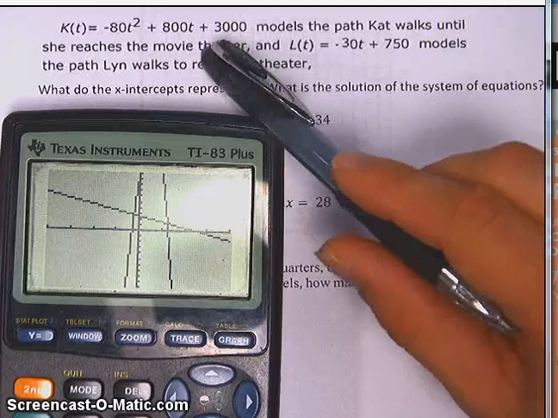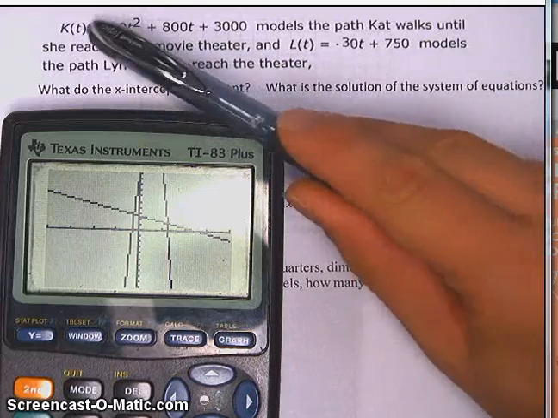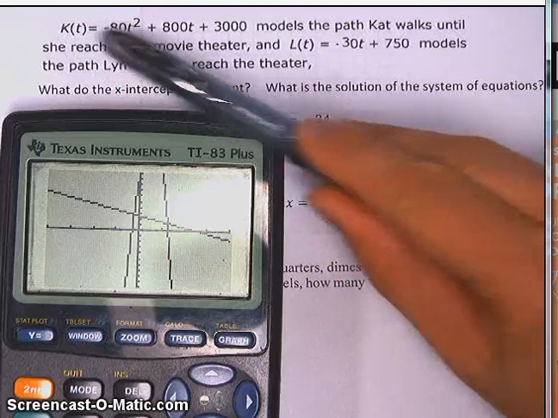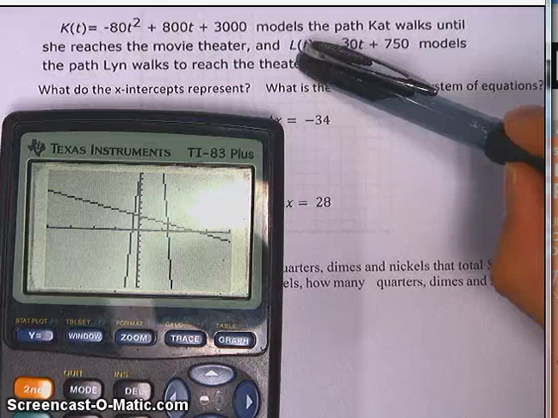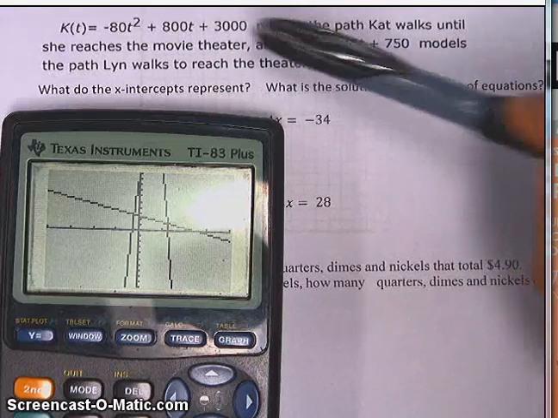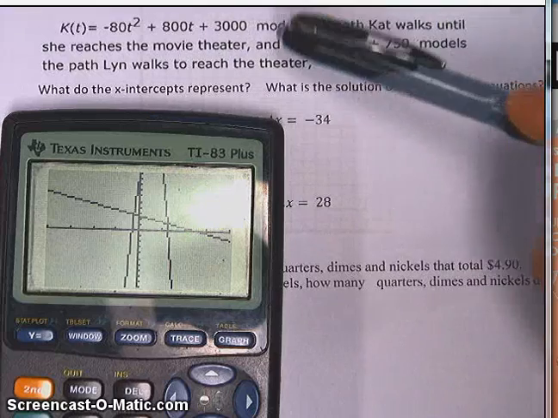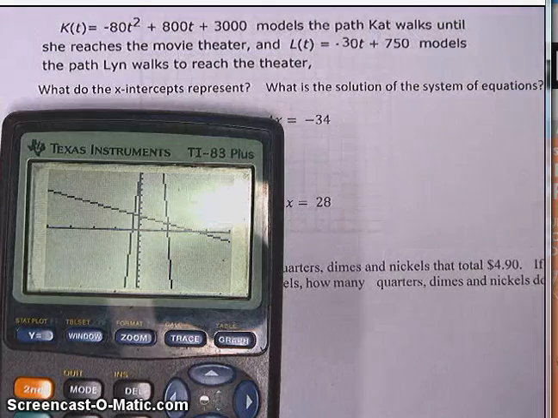So what I think these x-intercepts are simply, so that would be when this side equals 0 and when L of t equals 0. So the time that it takes for their distance from the park to be 0. So essentially these x-intercepts are when they reach the park.